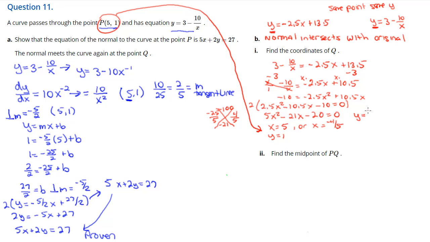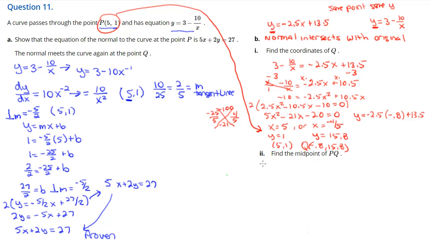Doesn't matter which one, but this one looks a little bit easier. And so I'm going to change my negative 4/5 to a decimal, negative 0.8. And then all I've got to do now is get the y by itself, and I'm going to find out that that's going to be 15.8. So those are my 2 points, P and Q.